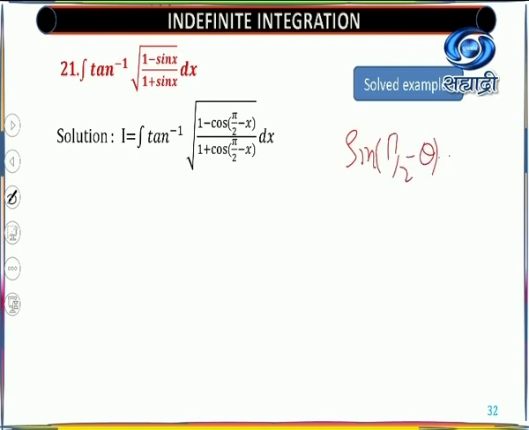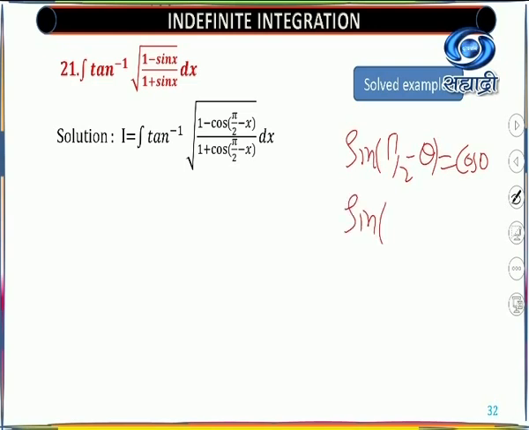We want an acute angle in the first quadrant. So sine of pi by 2 minus theta is cos theta. In the same way, I will write sin x is cos of pi by 2 minus x, because cos of pi by 2 minus theta is sin theta. That is what I am using here.